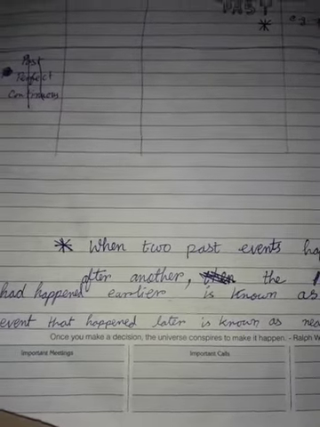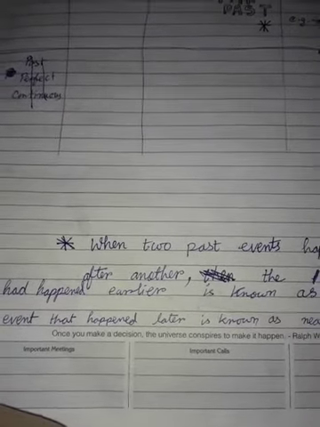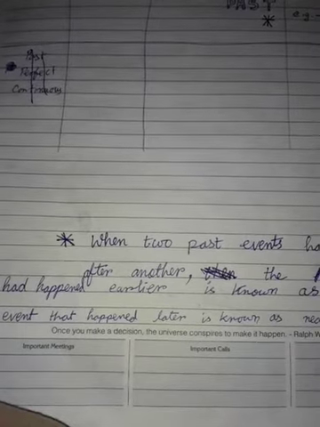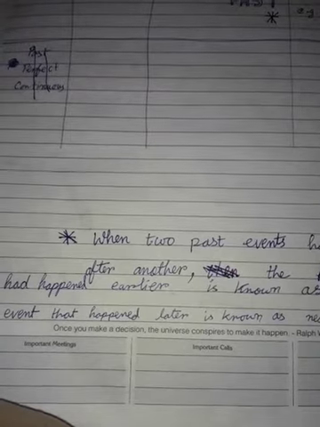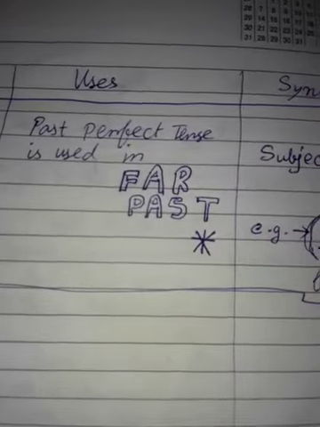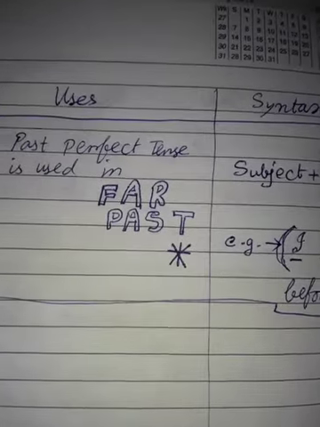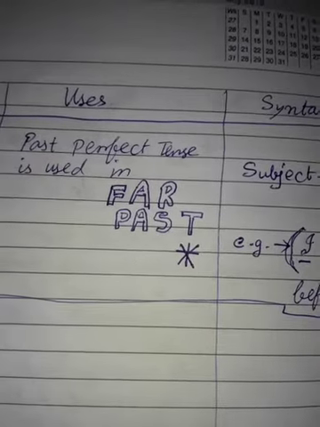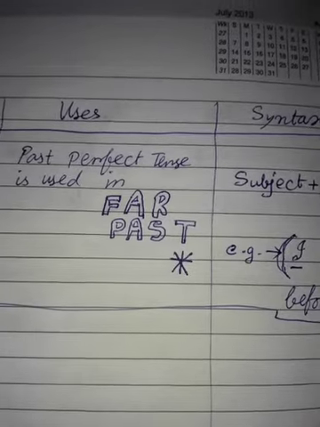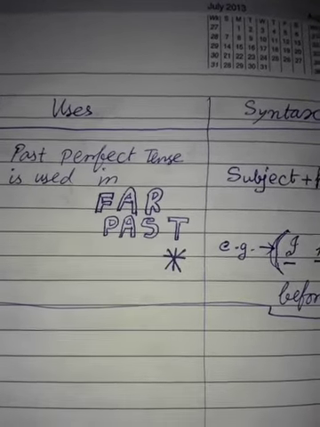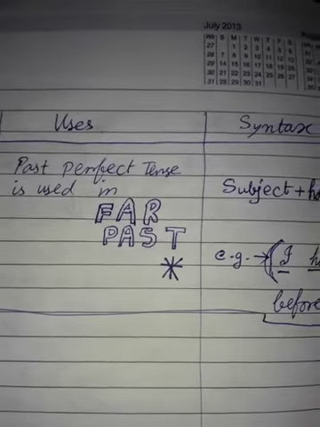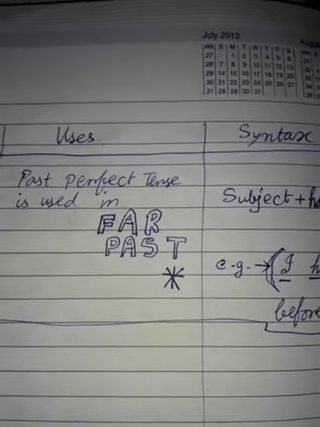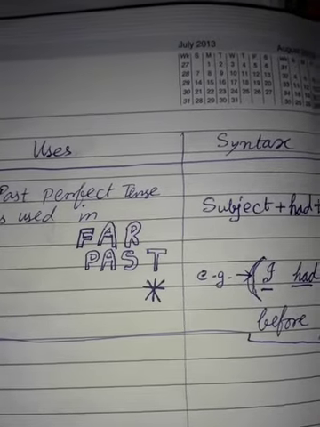Now the event that had happened earlier is known as far past. The event that happened later is known as near past. So past perfect tense is used in far past. The past perfect tense is used to denote the far past, whereas the incident that is happening in the near past is simply written in the simple past tense.